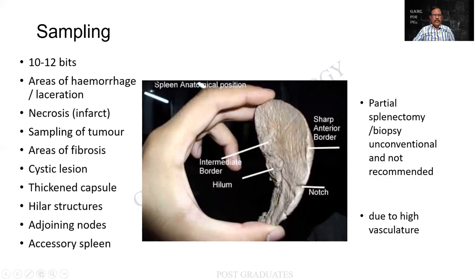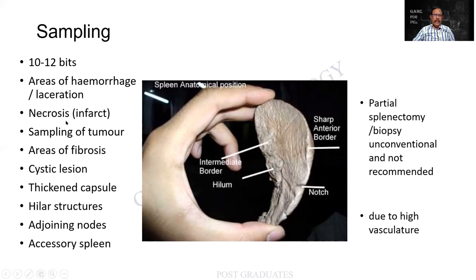And when it comes to the sampling, this is how you should do it. Normally in a spleen, particularly if it is going to be a lymphoma or a tuberculosis or a metastasis, or areas of infarct, 10 to 12 bits are given across the entire cut surface. As mentioned earlier, areas with different kinds of texture or color will have to be sampled.